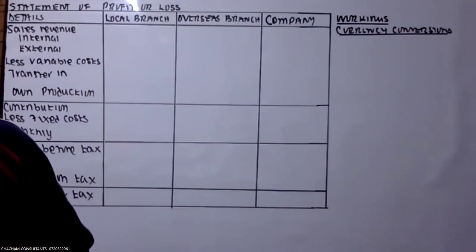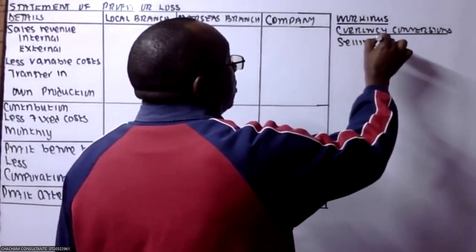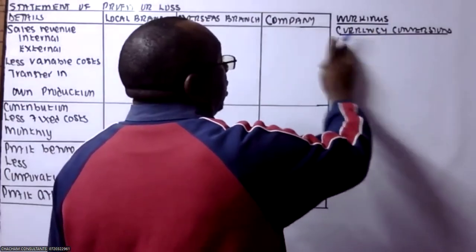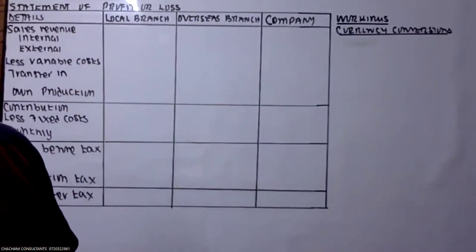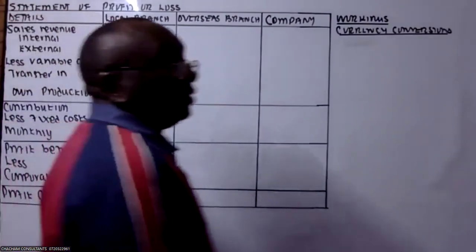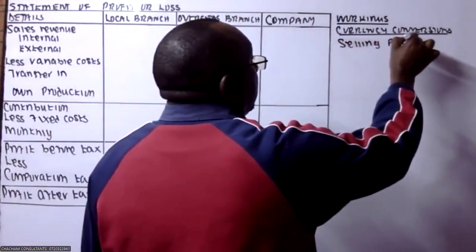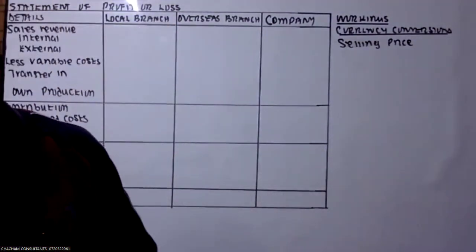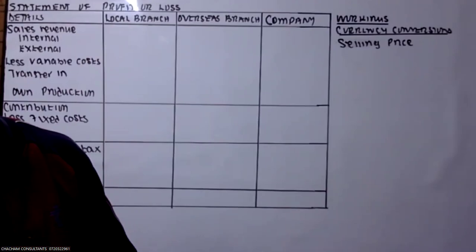So the first one is selling price. But you know we are only converting from overseas, so there is no need even of writing. Selling price is 4,000 in Tanzania shillings. And we are told 1 Kenya shilling is equal to 20 T shillings.